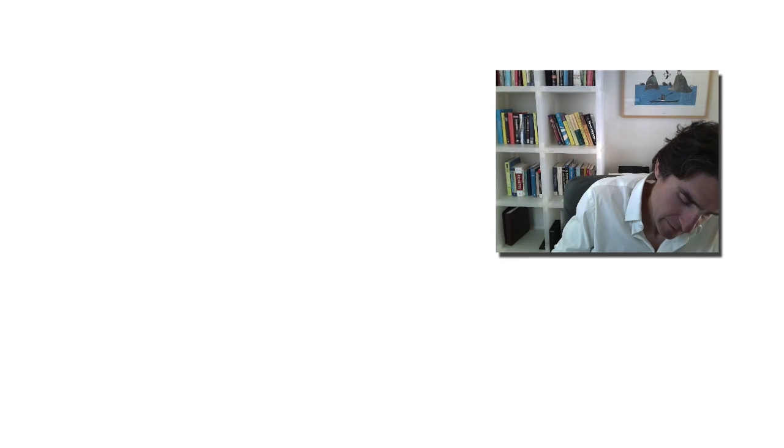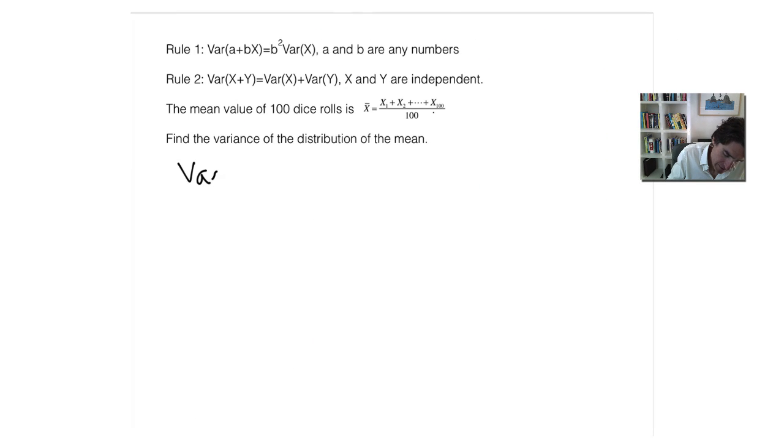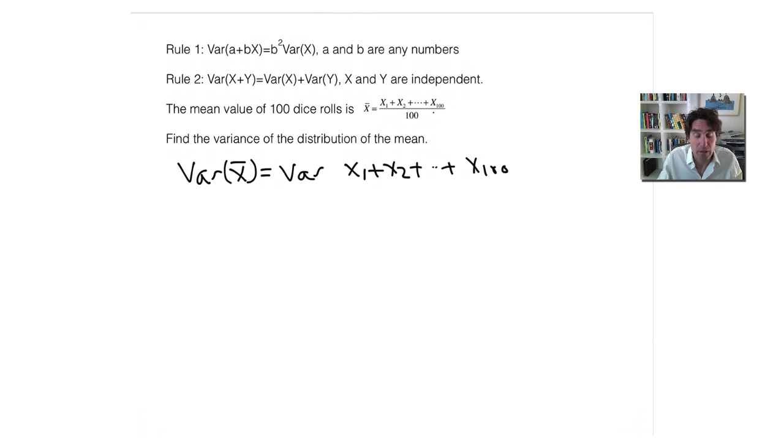Now let's calculate the variance of the sample mean. So the variance of x bar is equal to the variance of x1 plus x2 plus ... plus x100, the value on the 100th roll, divided by 100. Well, using Rule 1 with a equal to 0 and b equal to 1 over 100, we can pull 1 over 100 out of the variance.